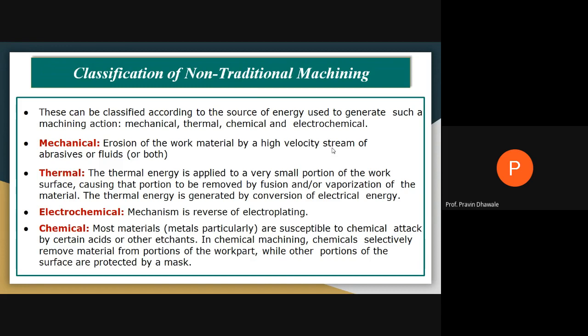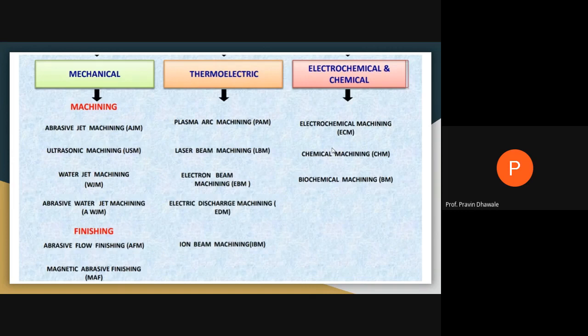We can classify non-conventional or non-traditional machining processes into four main types: first, based on mechanical energy; second, based on thermal energy; third, based on chemical energy; and fourth, based on electrochemical energy. These are the classification of the non-conventional machining processes based on energy.